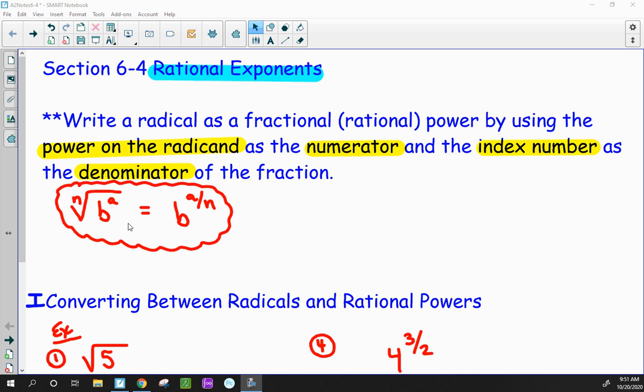So the general rule is when you see the nth root of a base b to the a power, you are now allowed to write it as b to the a divided by n. And what's going to happen is that the power is not going to be divisible by the index number like we're used to. So we're going to learn how to write it as a fraction power.